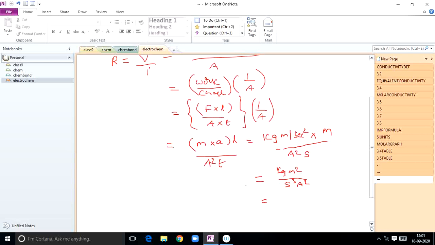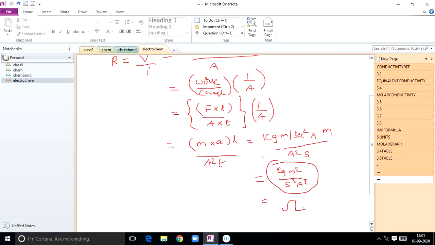So this total figure you can call it as ohm. See students, this is the total figure, you can consider it as ohm. So units of resistance, you can call it as ohm.